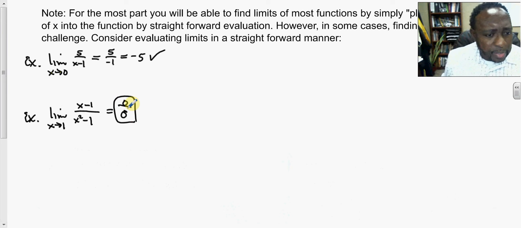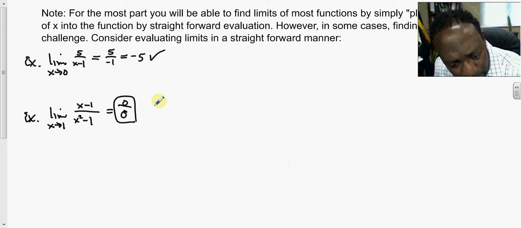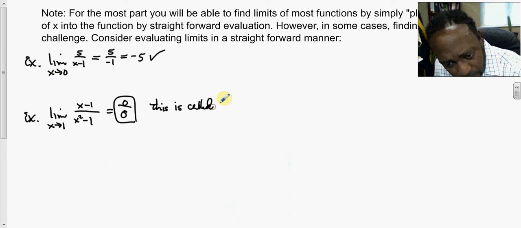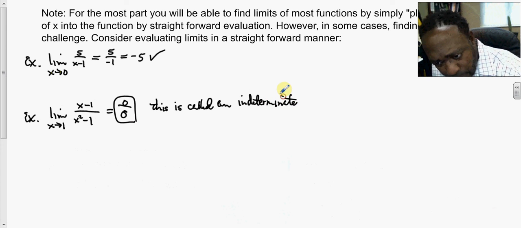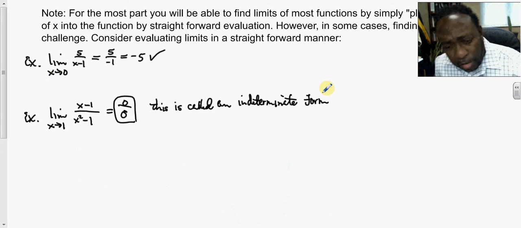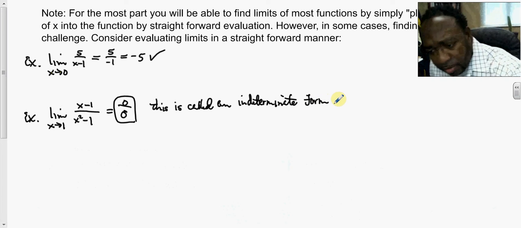We call this an indeterminate form. We'll talk more about this when we get to that particular section. But this is called an indeterminate form.